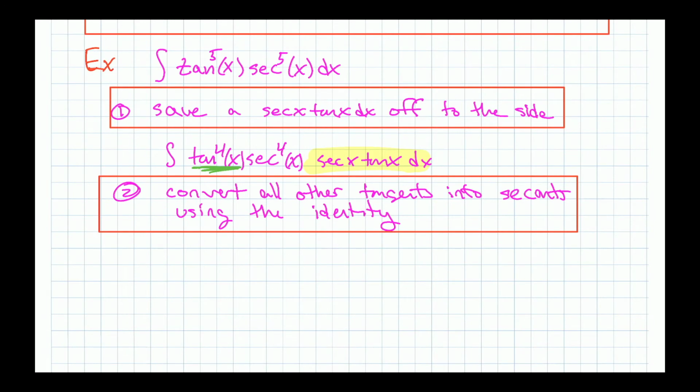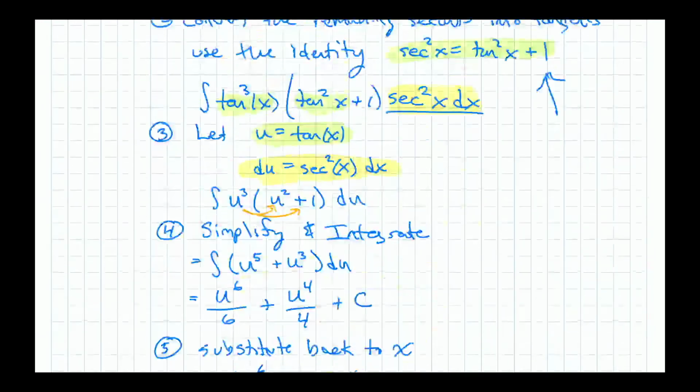So let's do that. If we're converting these other tangents into secants, then I'm going to do that trick that I did before, where tangent to the 4th is going to need to be written as tangent squared, secant to the fourth x, secant x, tangent x, dx. Now, where's the identity? The identity we need converts tangents to secants.